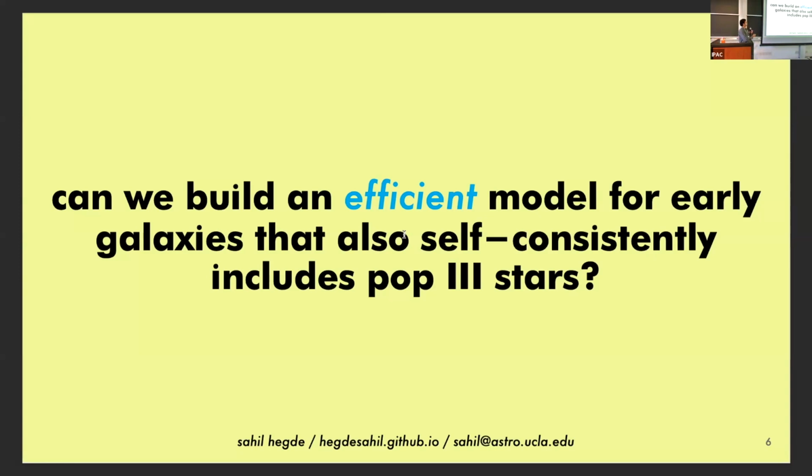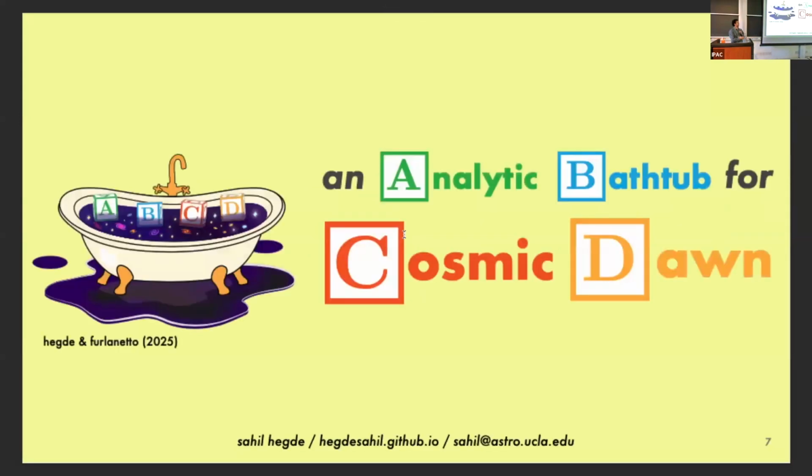So to reduce 5 years of PhD work into one slide, this resulted in, not nothing, but this. It resulted in this model, which I've called the ABCD model, or an analytic bathtub for cosmic dawn.